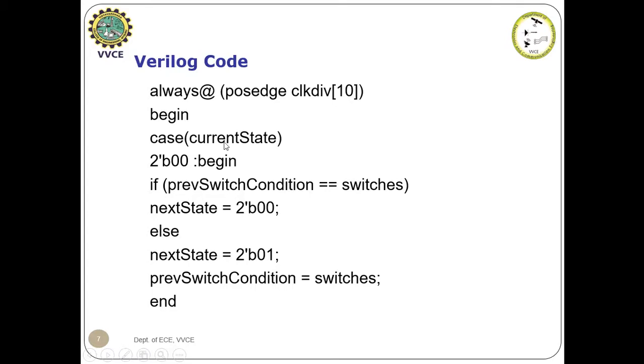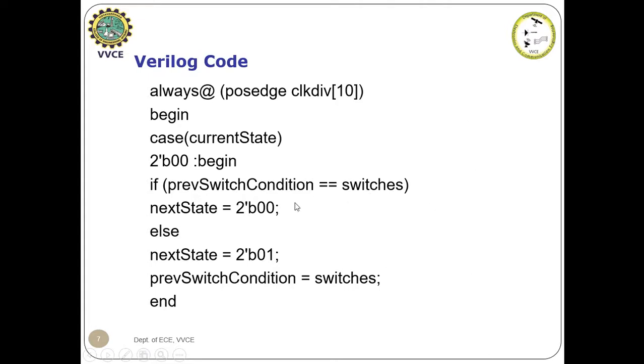If the current state is 00, I am checking whether the switch condition matches with any of my objective. If the switch condition doesn't match with my condition, my next state is always 00, meaning I have to loop around in state 0 itself.